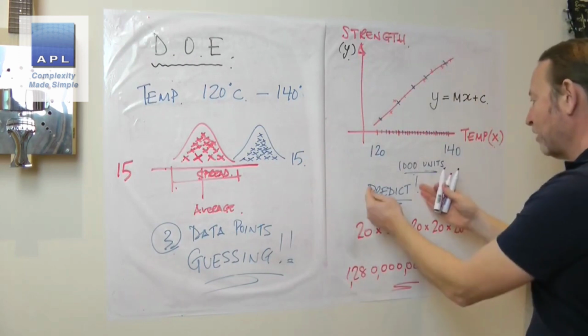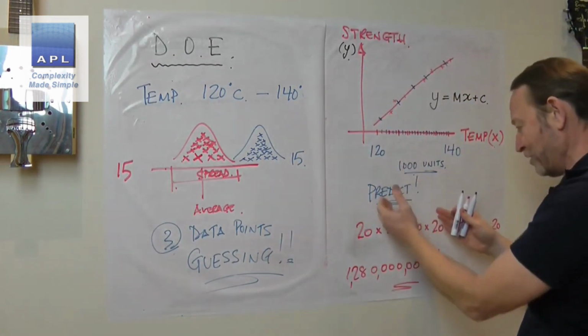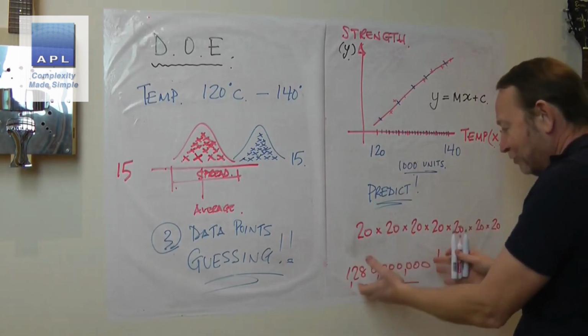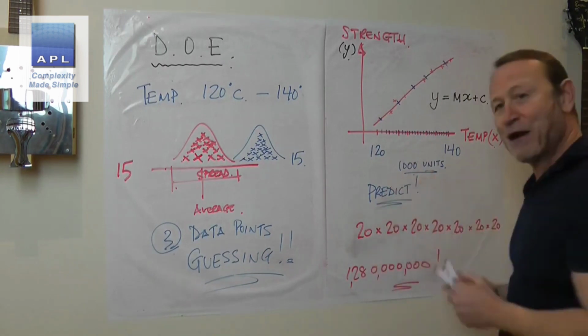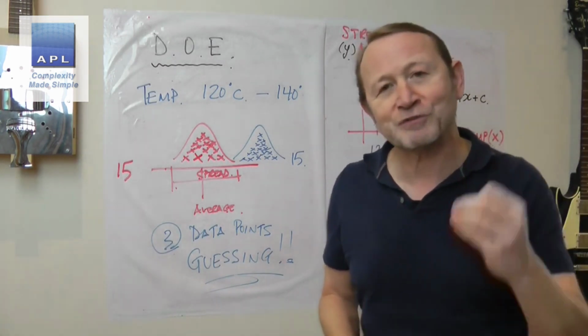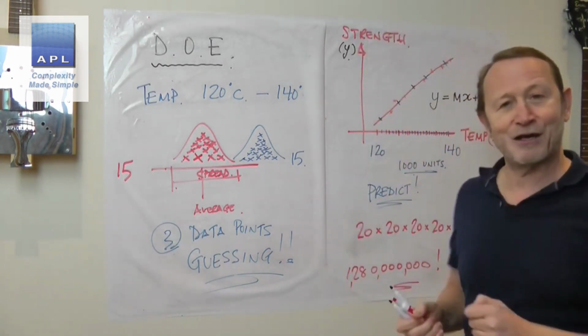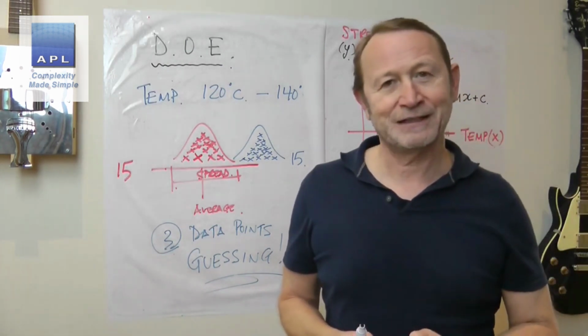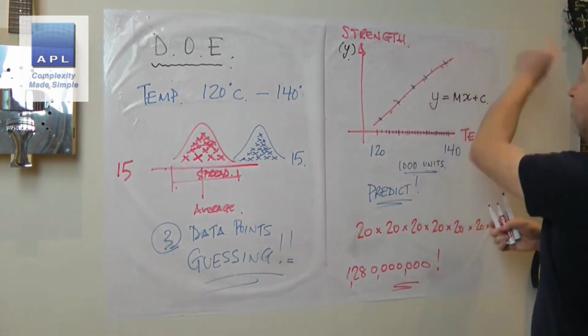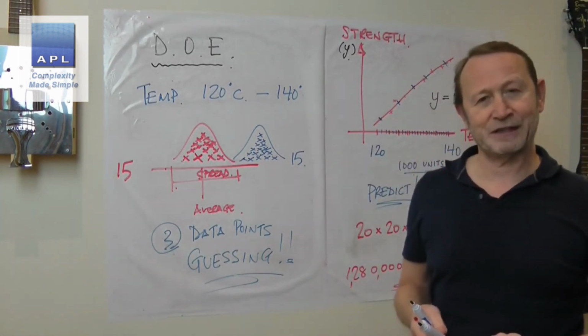So we want to be able to predict, because the power of prediction would be fantastic here, wouldn't it? If we could just do a small number of tests and the power of prediction. Well, that's what DOE does. It just does a small number of tests and allows you to predict the rest. So let's go back to our graph for a second. Look, I tested in multiple places here.